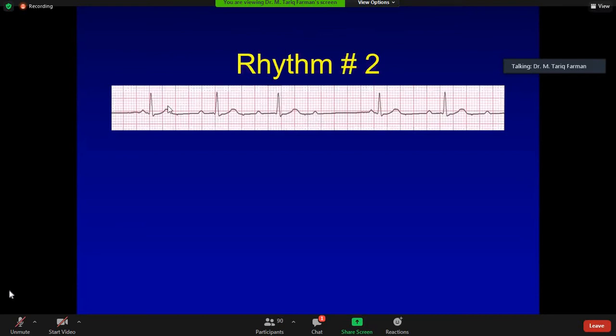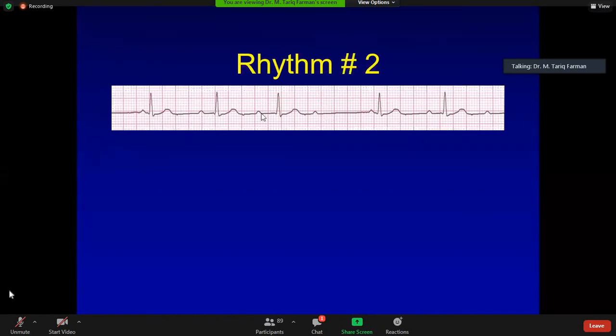So what is it? It's progressively prolonged, right? Progressive prolongation of the PR interval, and then there is P wave and no QRS complex. So what is it? Progressive prolongation of the PR interval until P wave is not able to conduct into the ventricles, and there is a missed beat, missed QRS complex.